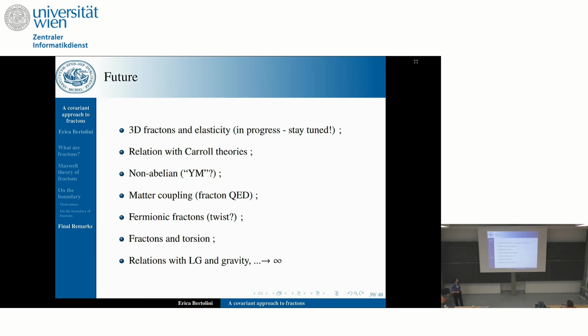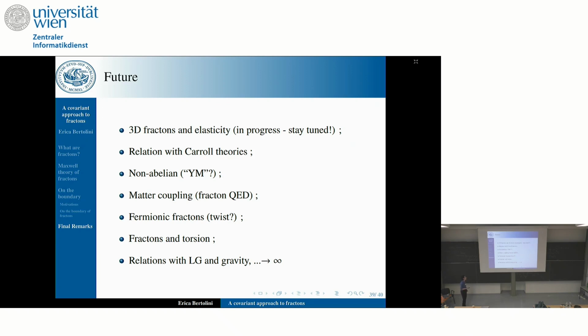What about the future? Well, the first step is analyzing the three-dimensional model from the point of view of fracton elasticity duality, which is also work in progress. Possible relation with Carroll theories. And also, having a Maxwell-like term, it would be interesting to analyze a non-abelian extension of this theory, like Yang-Mills theory for fractons, and introducing matter into the theory, like fractonic QED.